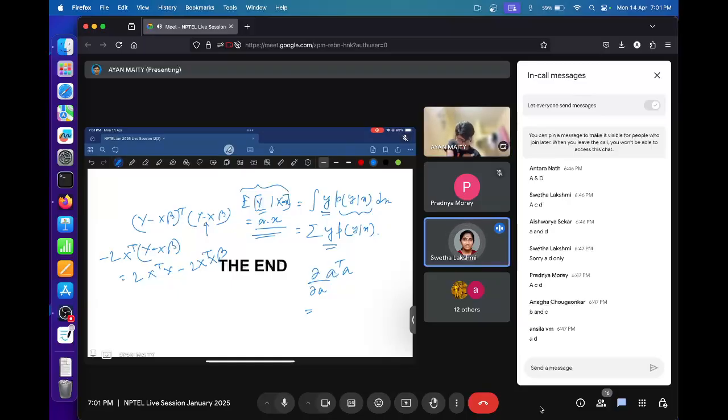Now if you expand it, it would become this. If you take the derivative once more, the derivative of the first term with respect to beta would be 0, and for the second term it would simply be x transpose x, because the beta would disappear since you are taking the derivative with respect to beta. So it should be 2 x transpose x, I think.